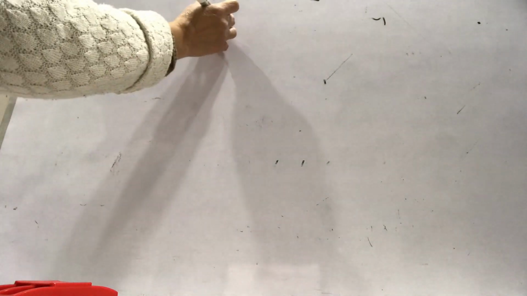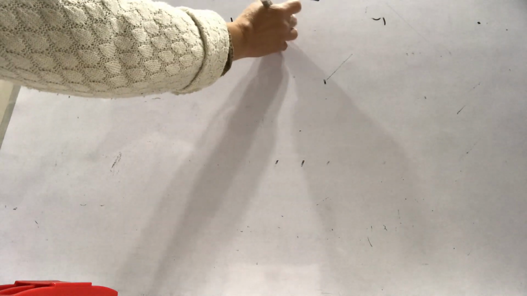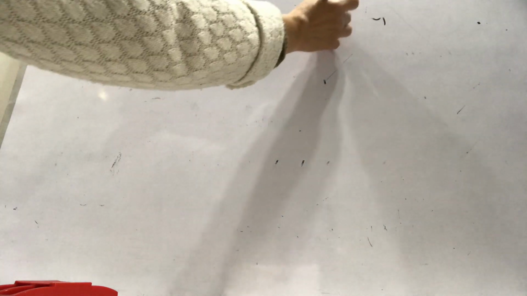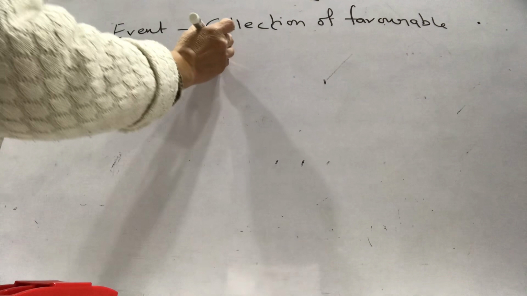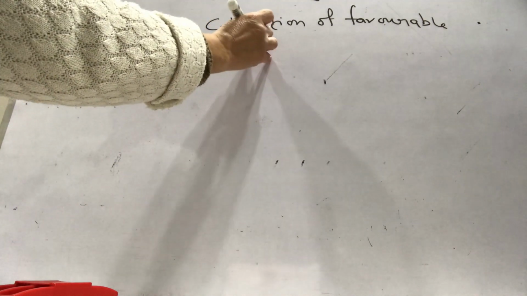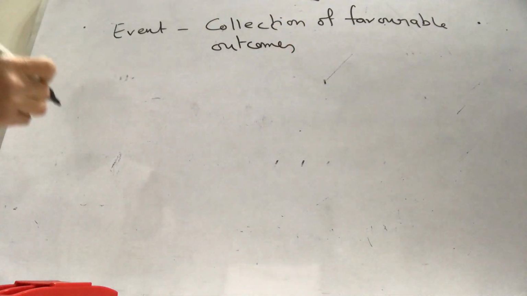So, event is your collection of favorable outcomes.